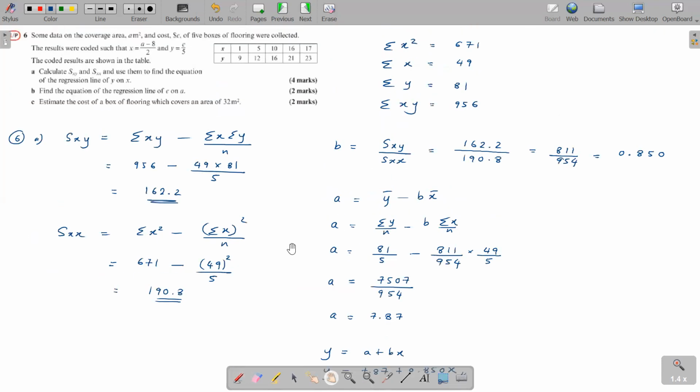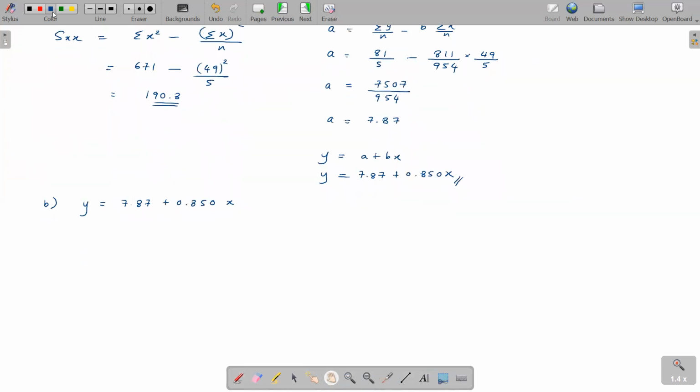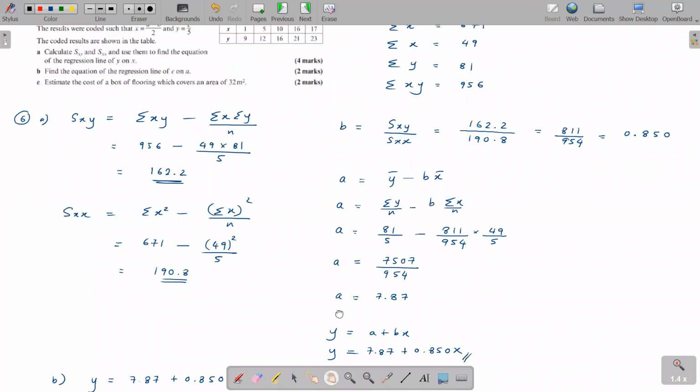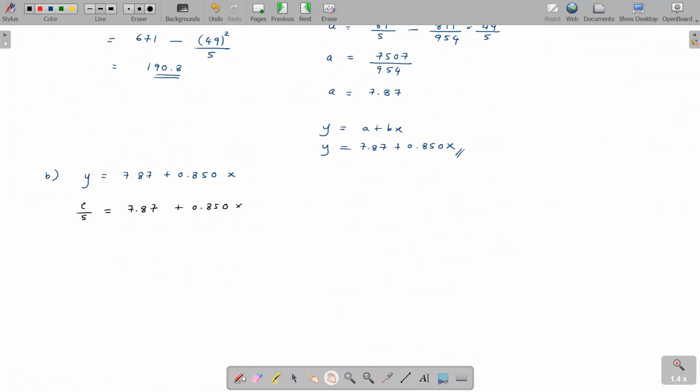So let's replace y as c over 5 and x as (a minus 8) over 2.